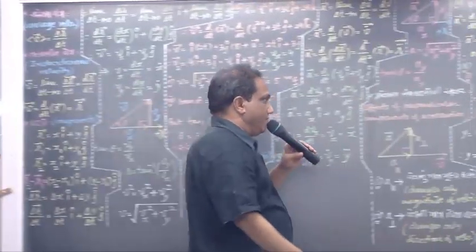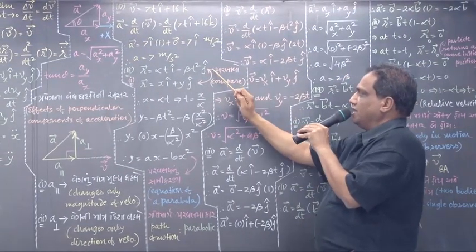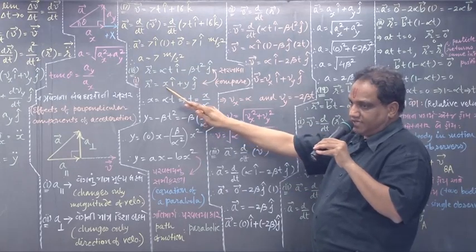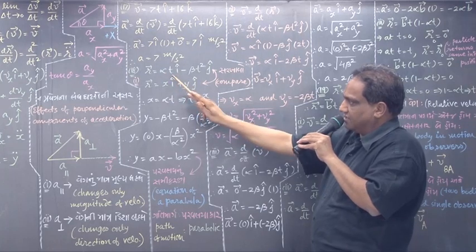Compare this. What is the coefficient of i hat? Here it is x. Here the coefficient of i hat is alpha into t. So x is alpha t.